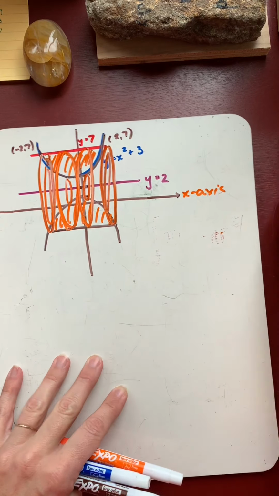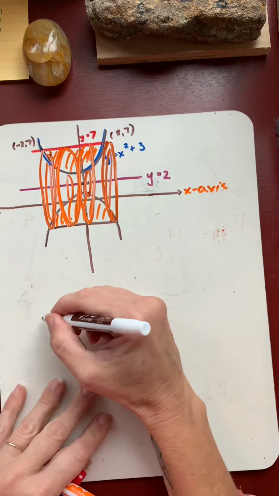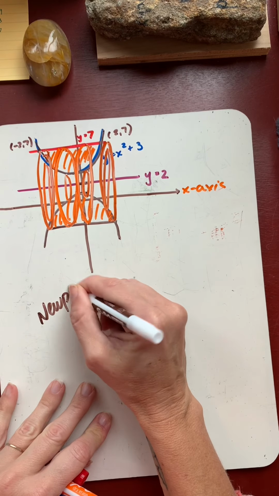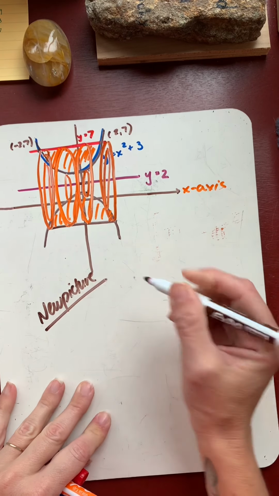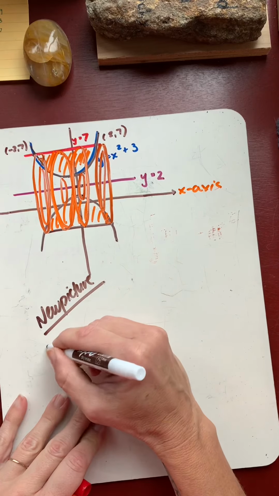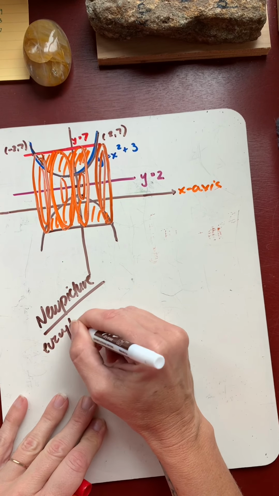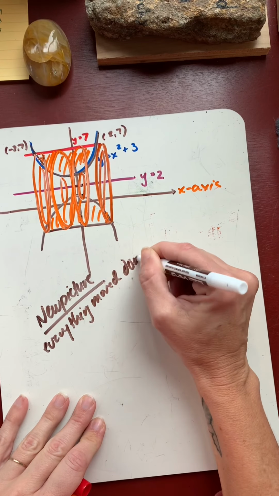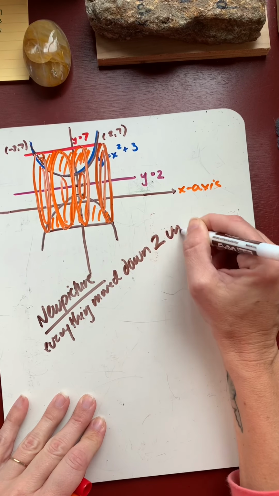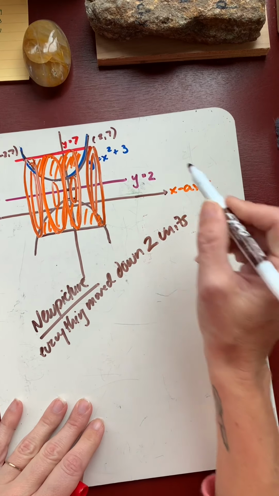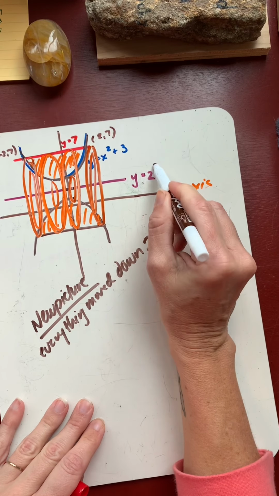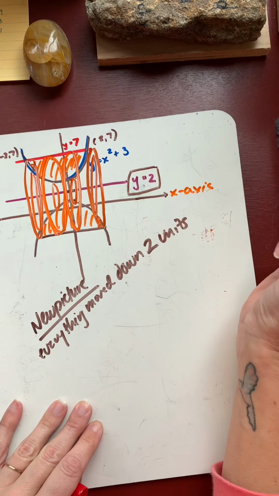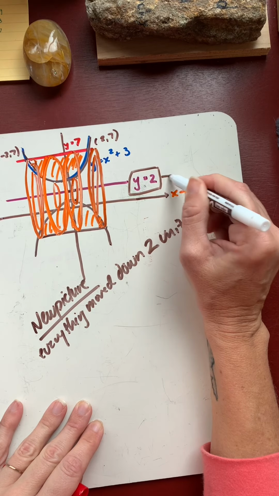So I'm going to draw a new picture that represents everything moved down 2 units. I'm doing that because my axis of rotation is y equals 2, and I want my axis of rotation to be the x-axis.